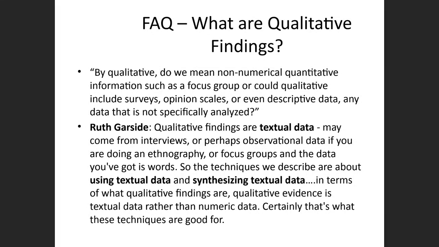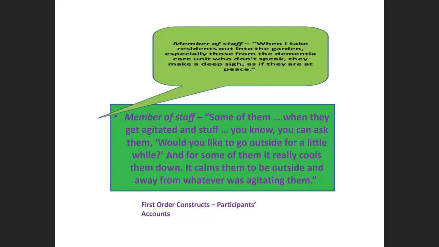Non-standard ways of collecting qualitative data, like photo voice, have to be handled differently, of course. So qualitative findings, and therefore qualitative evidence, tend to be characterized as textual data. And of course, this can appear in multiple places throughout the paper.